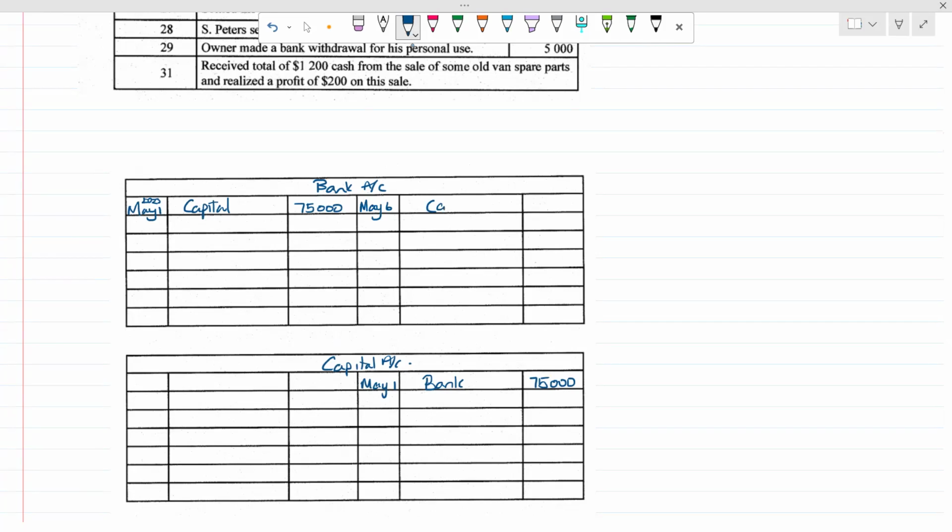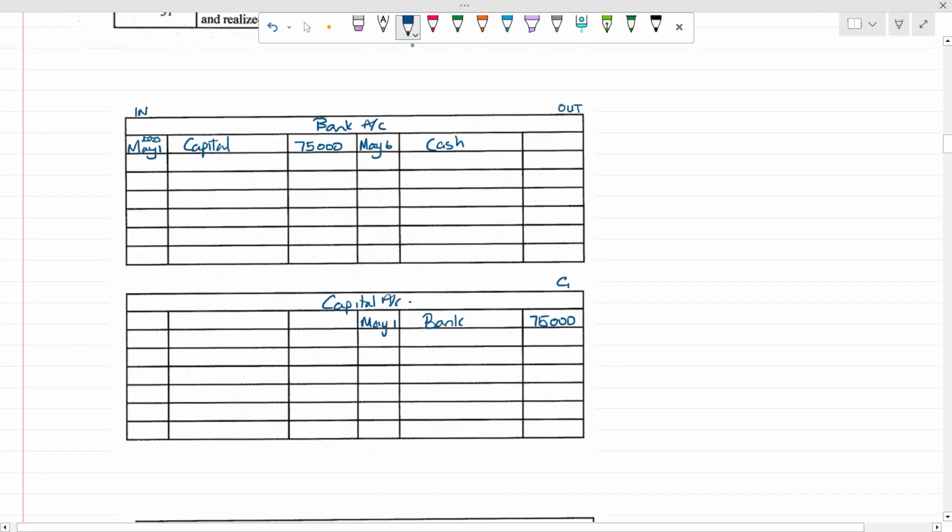So you're gonna credit bank because remember, on this side is in, on this side is out. But the capital was always credited. But how come capital is debited? Which one is the capital account? The second one. Which side is credited? The right side.